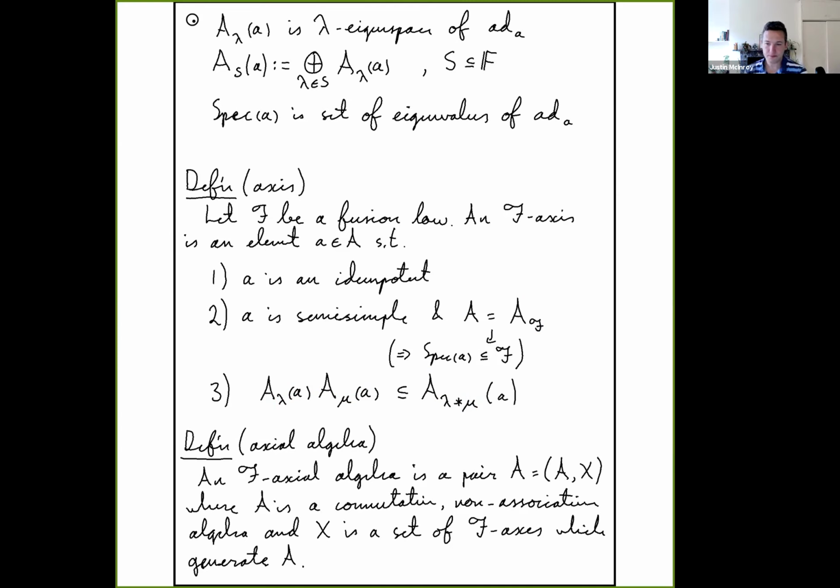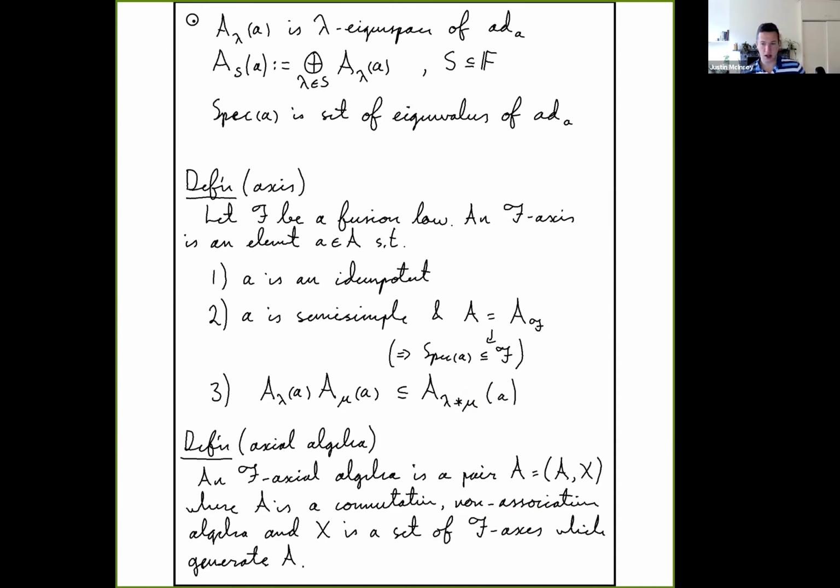So that is what an axis is, and an F-axial algebra is going to be a pair (A, X), where A is a commutative non-associative algebra and X is a set of F-axes, and these F-axes must generate my algebra. Okay, so that was just a recap from last time.